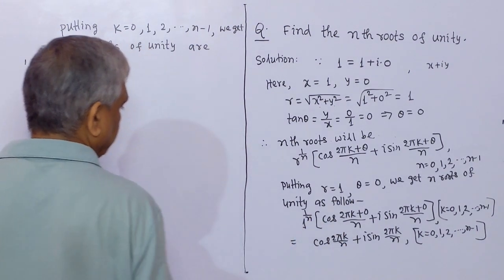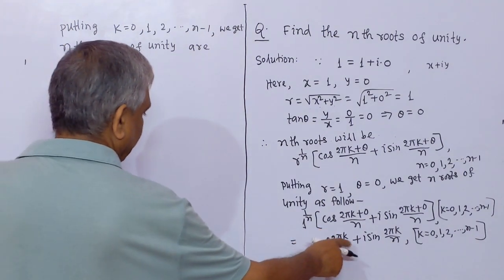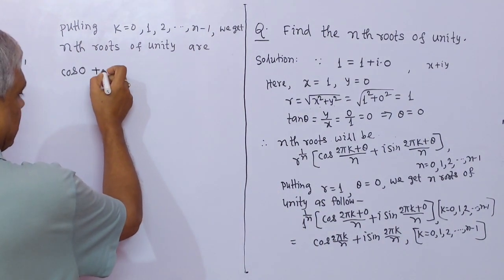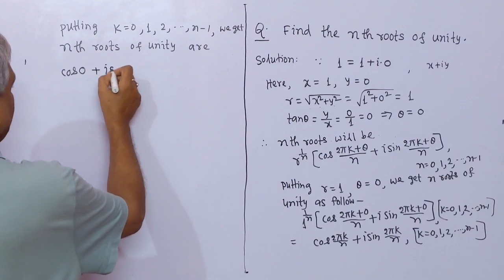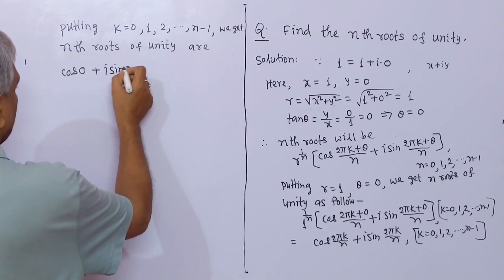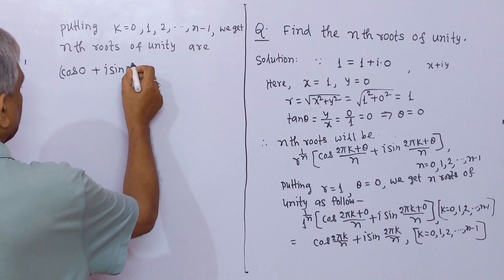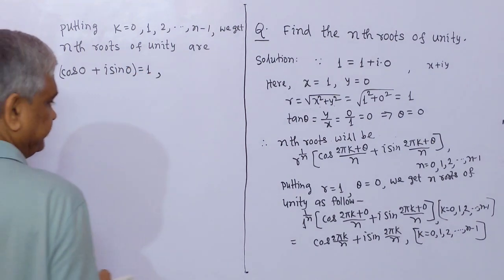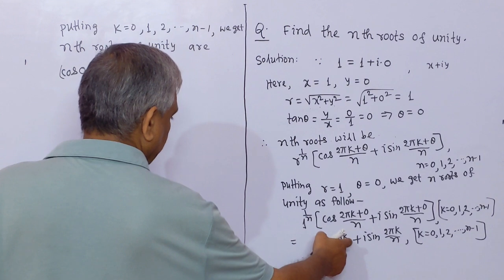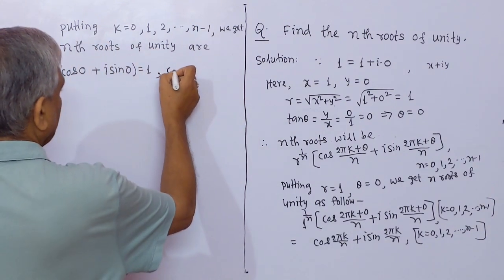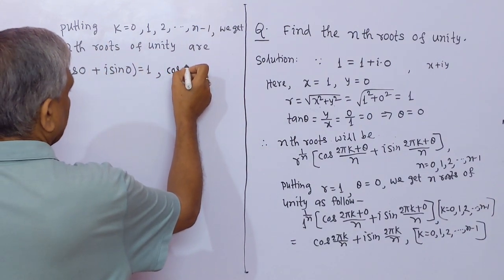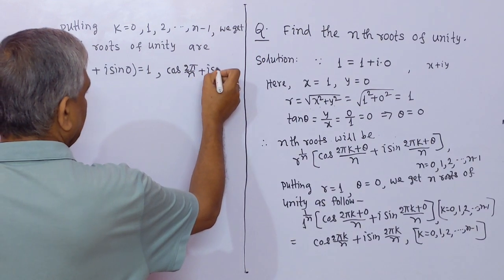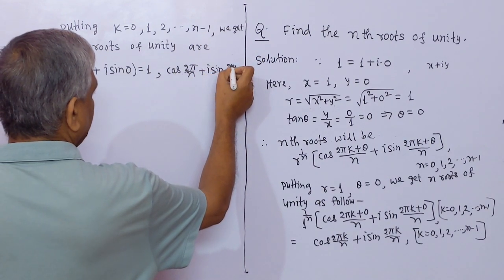Here k equal to 0: cos 0 plus i sin 0, and this is equal to 1. When k equal to 1, we get cos 2 pi by n plus i sin 2 pi by n.